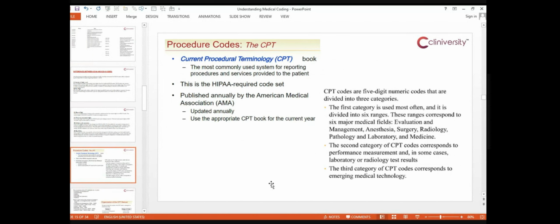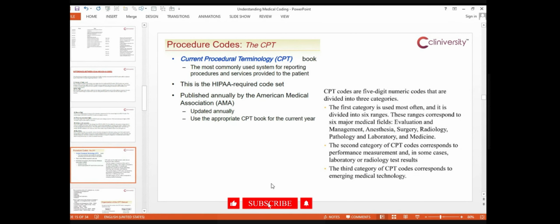So that was all about ICD-9 and 10, what we have learned till now. The next type of medical coding is procedural codes, which are for procedures performed at the site by the providers or hospitals. And these codes are compiled under CPT. CPT is Current Procedural Terminology.